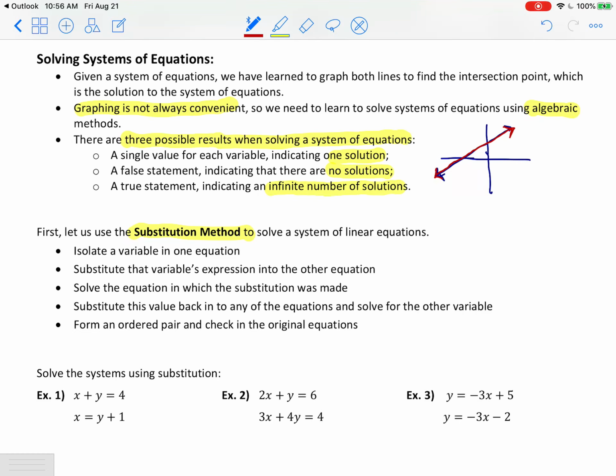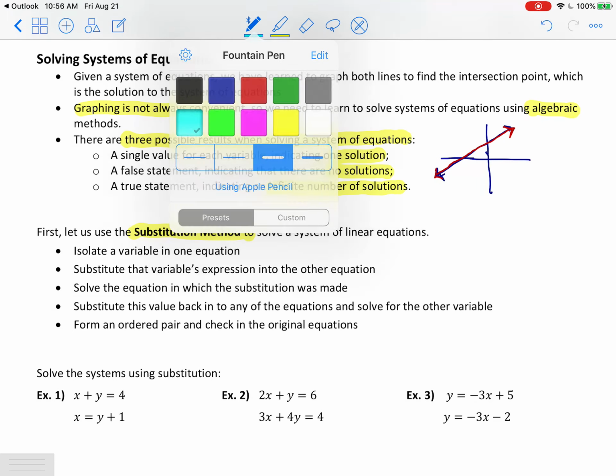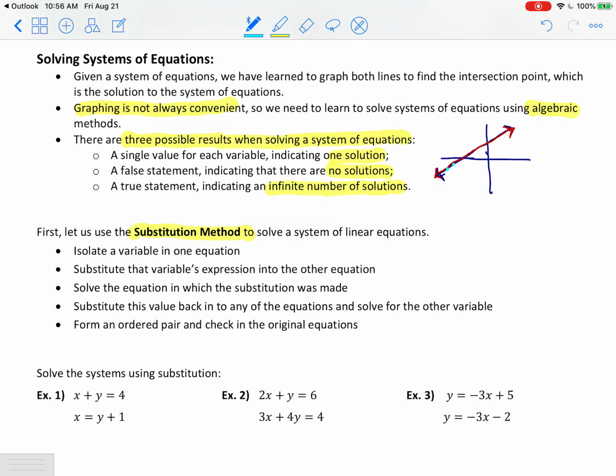And the reason that we have an infinite number of solutions is that we can visualize an infinite number of coordinates all along these lines. Okay, so those are the three possible results when we're talking about solutions.